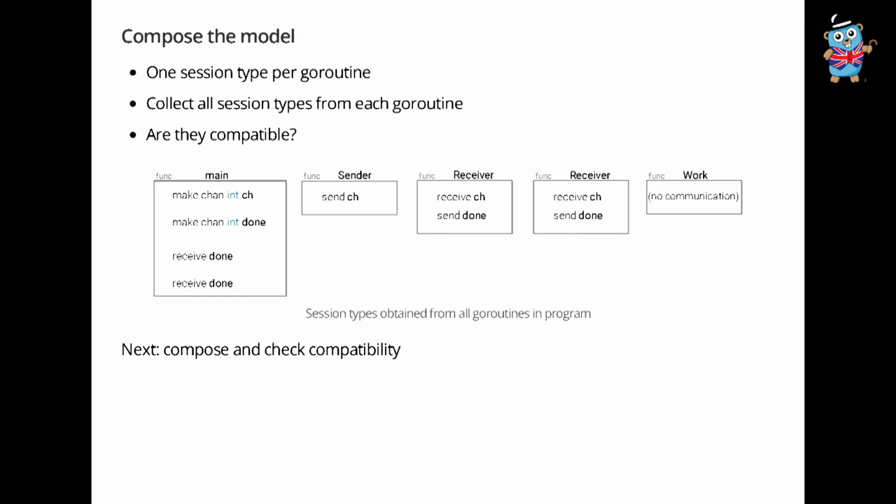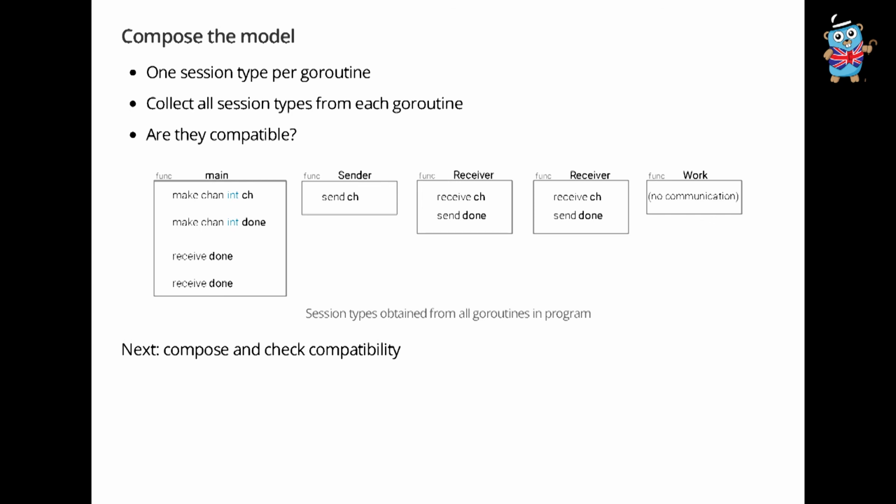And now that we have the communication structures of each of the Go routines, we just have to put them together. So we collected all these session types that we extracted from all of the Go routines. And then we asked the question, well, are these Go routines together compatible?